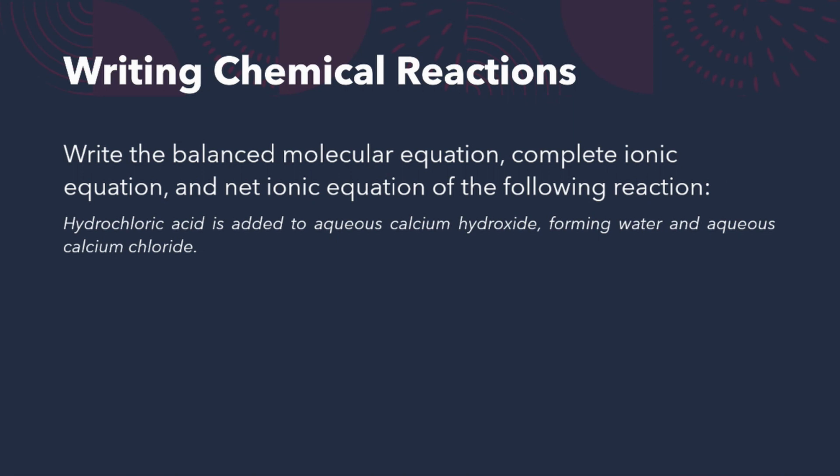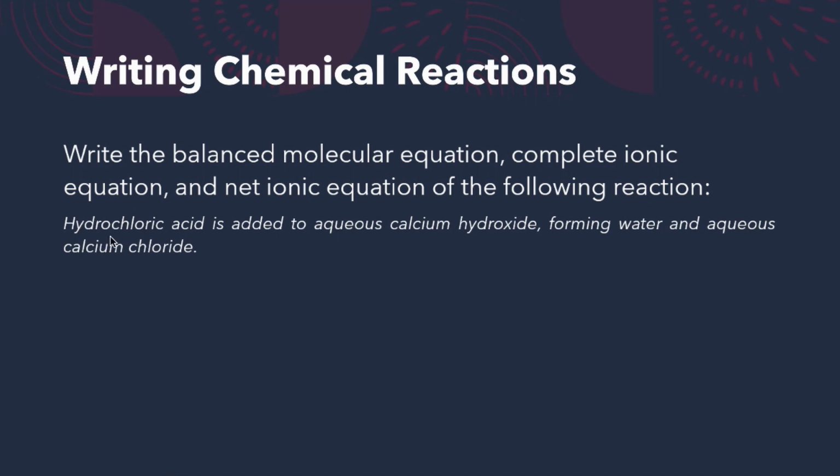Now, we have an extra step to do. We have to write the equation ourselves because it's given to us in word format. So we can use the nomenclature to figure out what compounds are reacting to make what products. So let's look at this first one, hydrochloric acid. Now that means it's an acid, so it's going to have hydrogen, and this chloric means chlorine, so it's going to have chlorine as well.